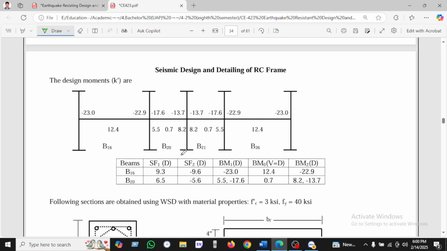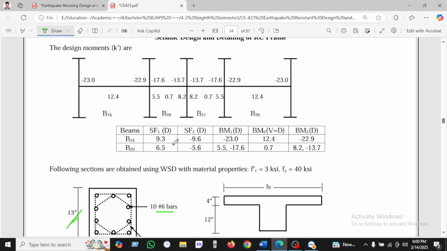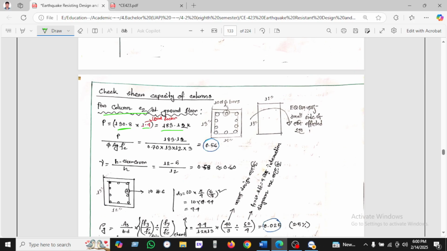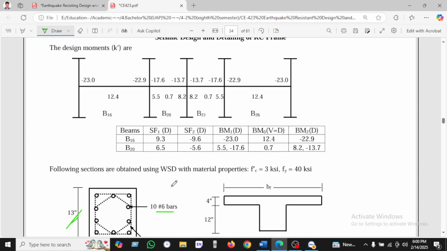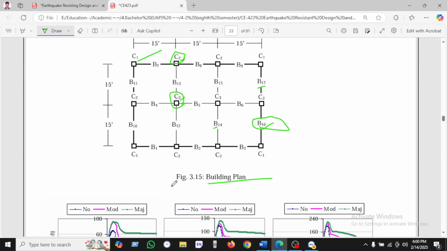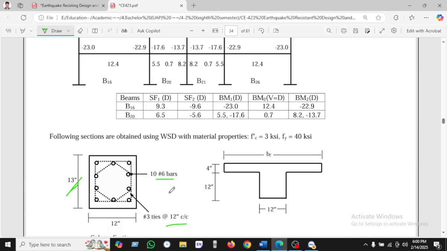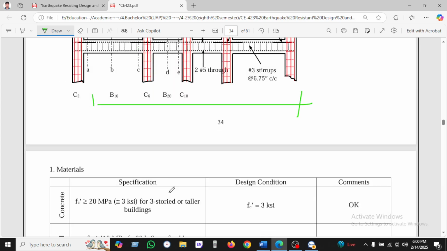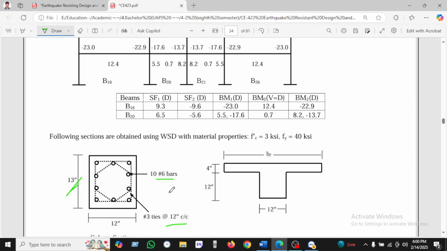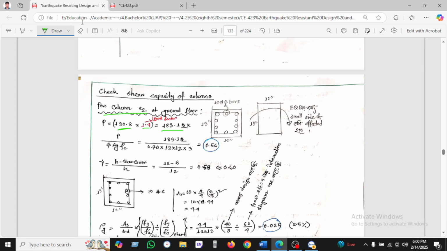So column 2, where is column 2? Okay, I'll see where we have been found 130.8. This is the ground floor.